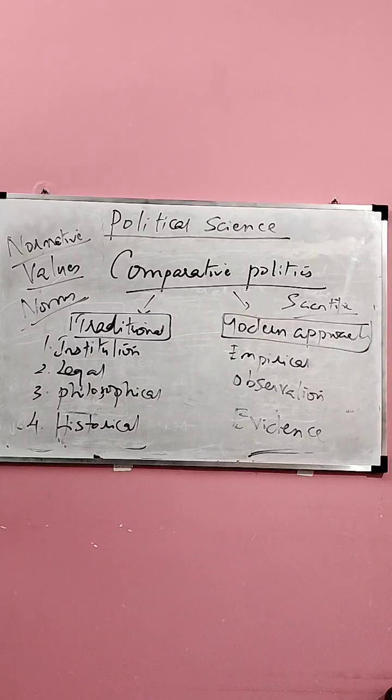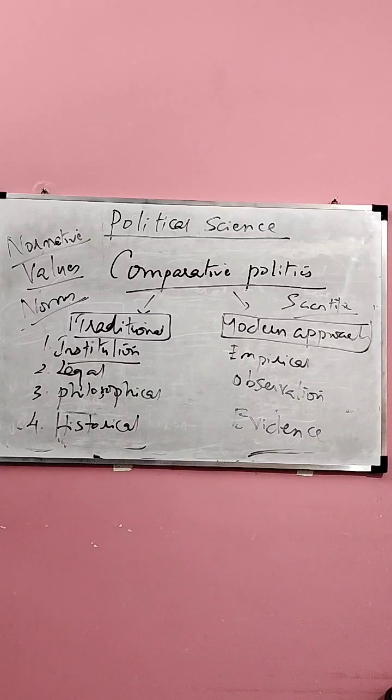Many of the scholars, right from Aristotle, gave importance to institutions. They gave importance to norms, philosophy, and constitution. So constitution itself is an institution. Let's take an example.